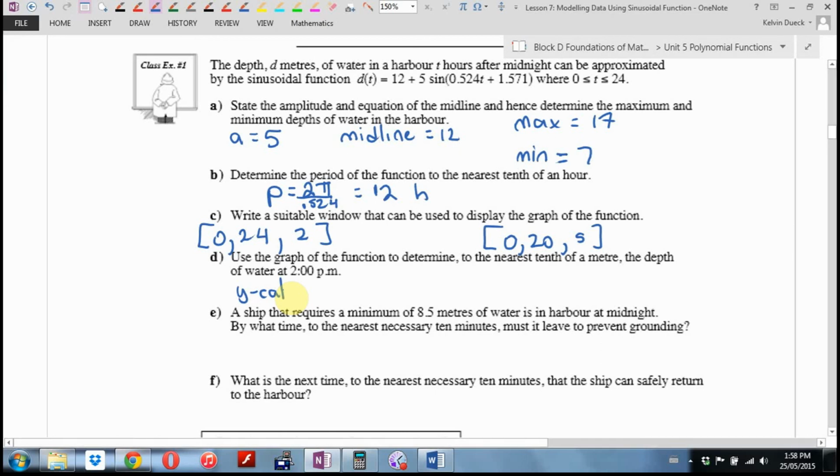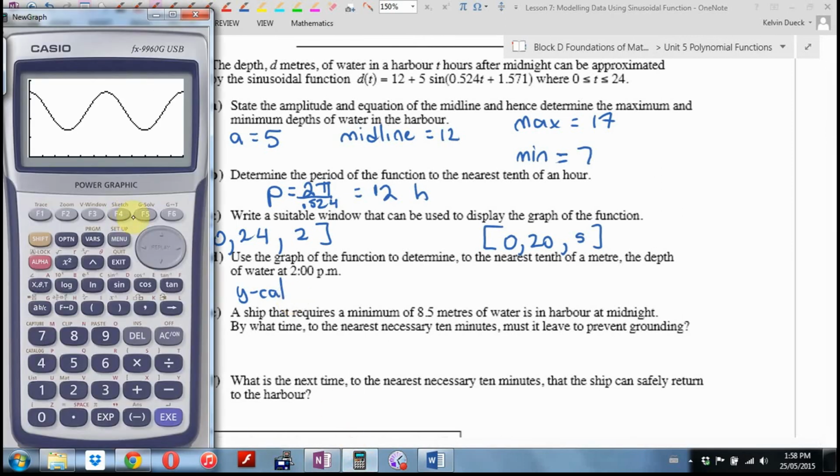What time do they want me to do a y calculation? 2 p.m. If I go gsolve ycal 2, is that 2 p.m.? What do I have to enter as my x value? 14. That many hours past midnight. Okay? So, gsolve ycal 14. How deep is this harbor at 2 p.m.? 14.5 meters. That means if you need more than that, a ship can't leave or come in.